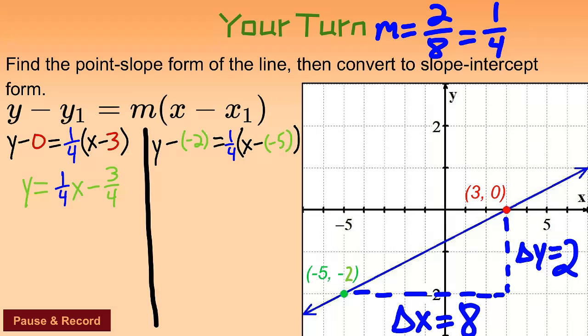All right. So on the left-hand side, we have y plus 2, because y minus -2 is the same as y plus 2, is equal to, and I'm going to distribute that 1/4 to the x, and I'll get 1/4 x, and then this is going to be x plus 5, so I'm distributing the 1/4 to the positive 5, and I will get plus 5 over 4.